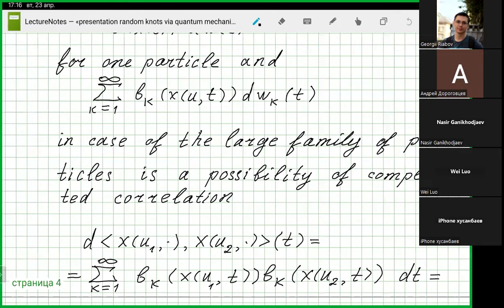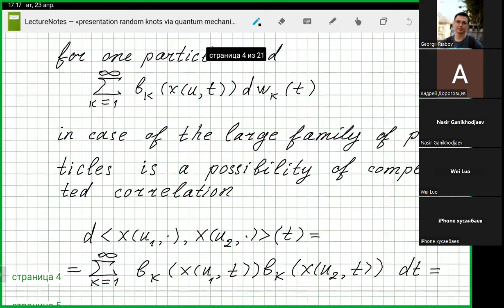For example, one can calculate the correlation between the martingale parts of particles x(u1) and x(u2) which start from u1 and u2 at time t, and of course it is equal to such a sum of products, so the scalar product of two infinite sequences.